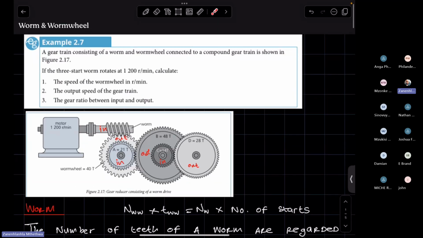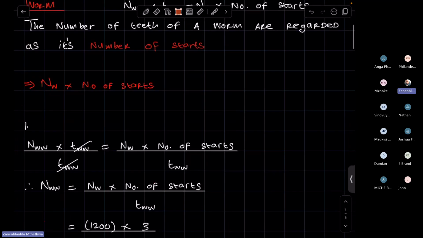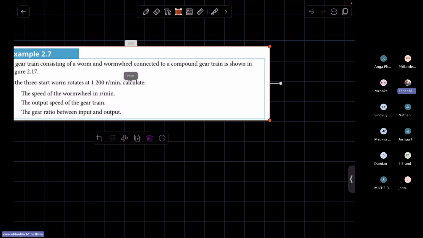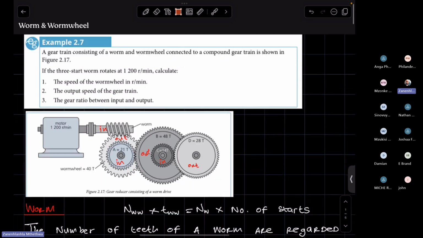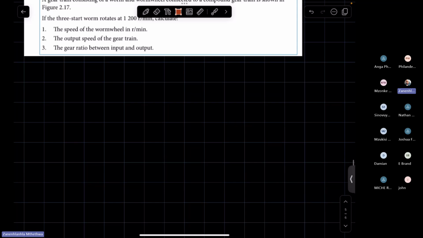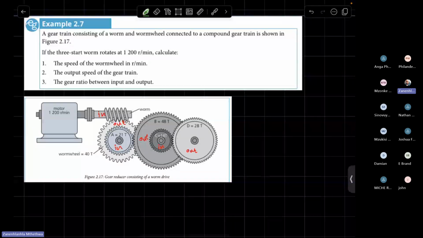Okay, let us do this. Number one, calculate the speed of the worm wheel in revs per minute.